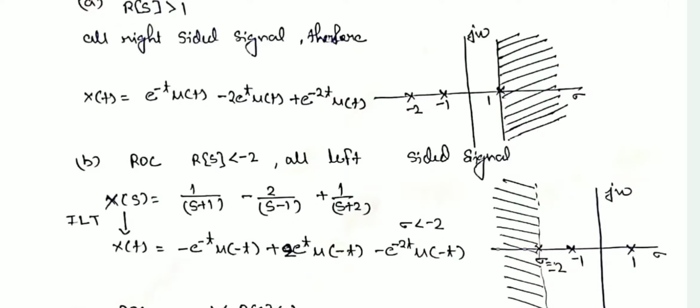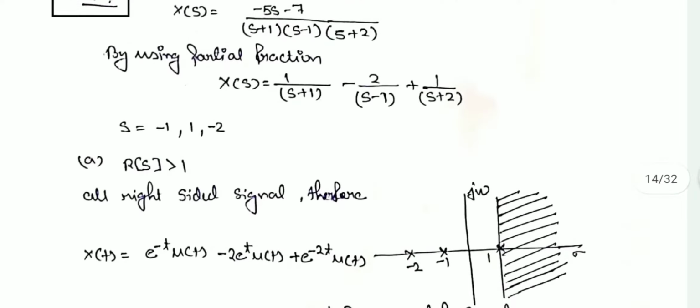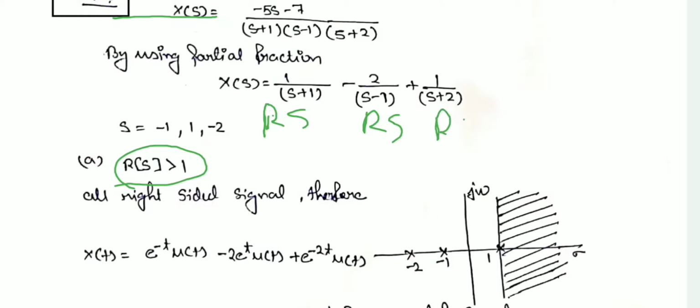If sigma is greater than 1, what happened? This is right sided, this is also right sided, and this is also right sided signal.